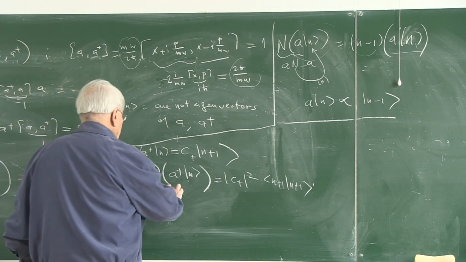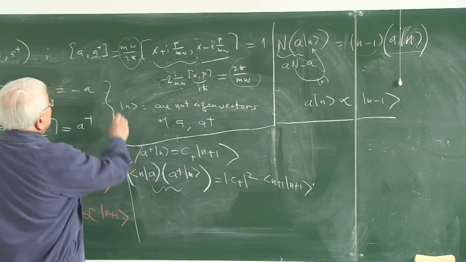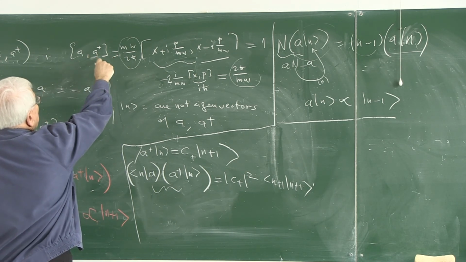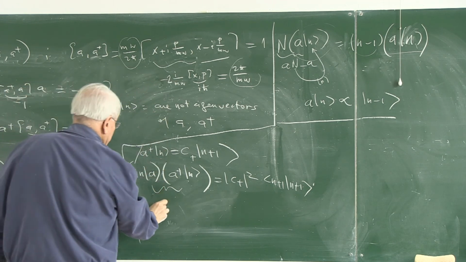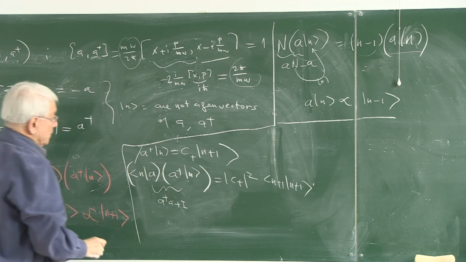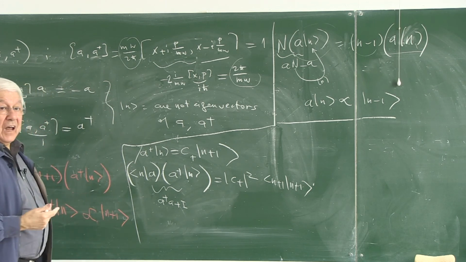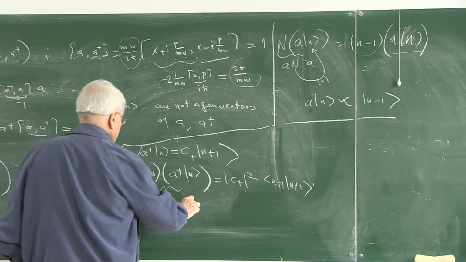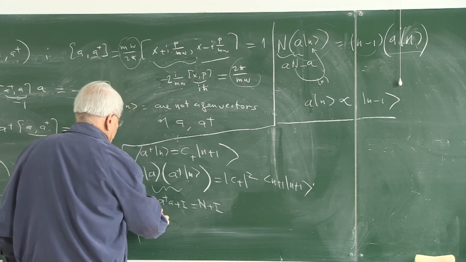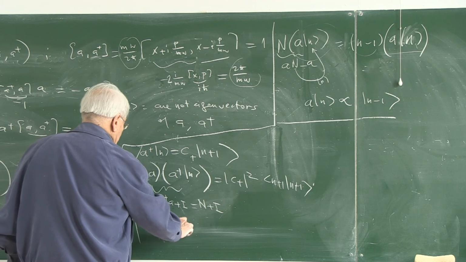What is A A dagger? You read it from this commutator. A A dagger is A dagger A plus 1. A dagger A is N. So it is N plus the identity operator.